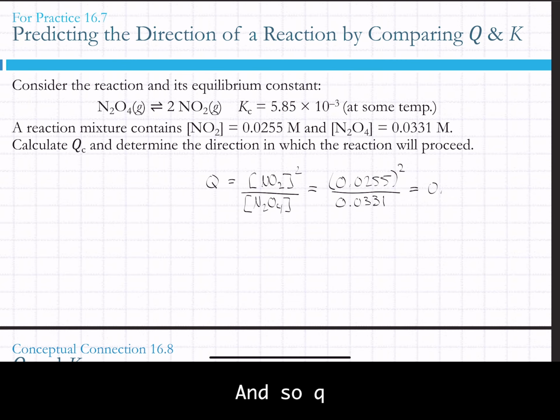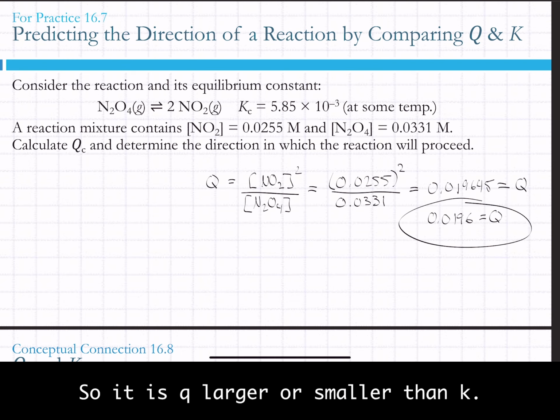And so Q is 0.019645, which to 3 sig figs, so is Q larger or smaller than K?